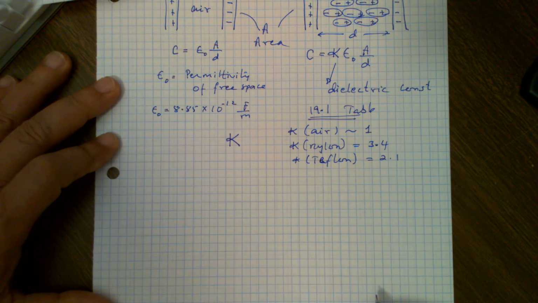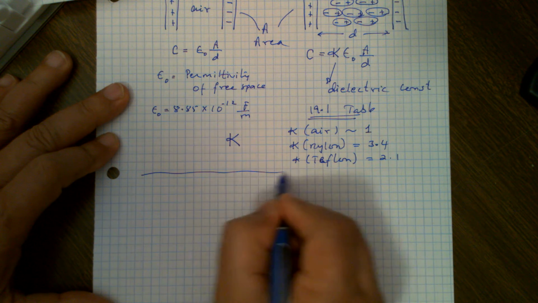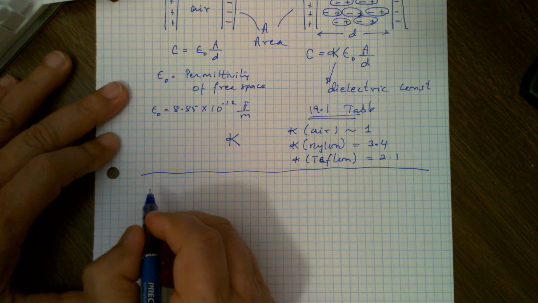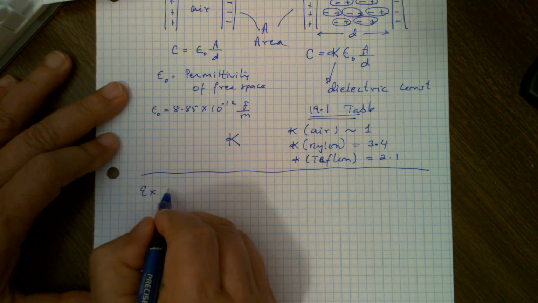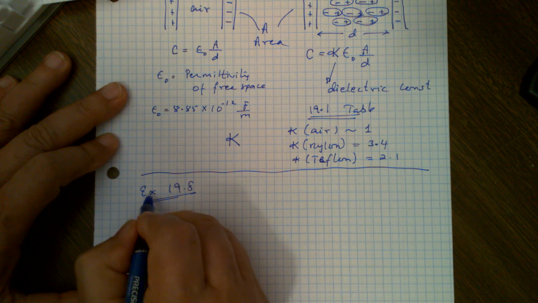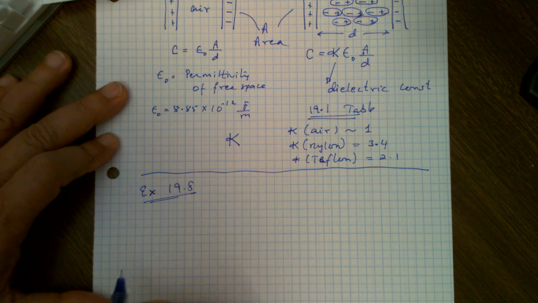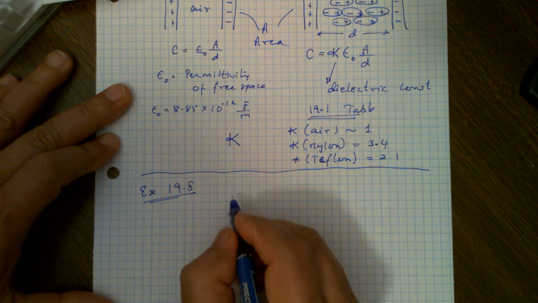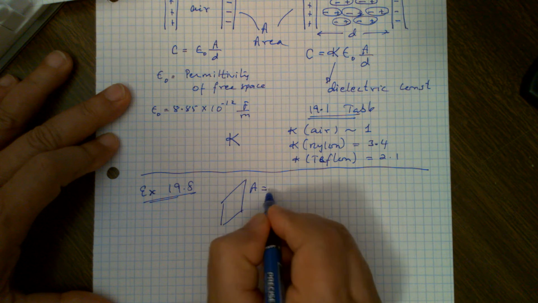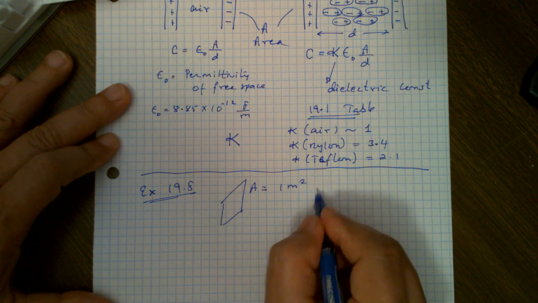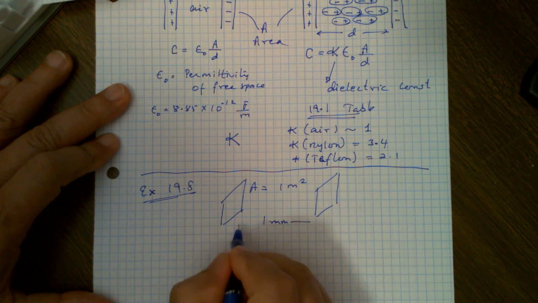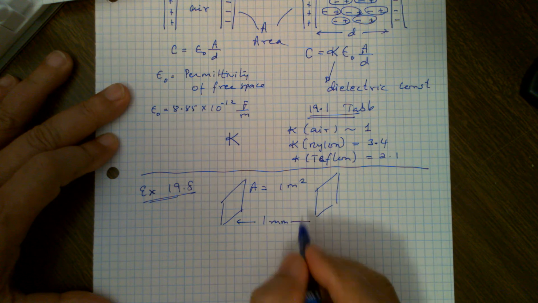Okay? Now, I'm going to do an example for you. This example is related to example 19.8. In that example, the two plates have area A equal to 1 meter squared, and the distance is 1 millimeter wide and filled with air.